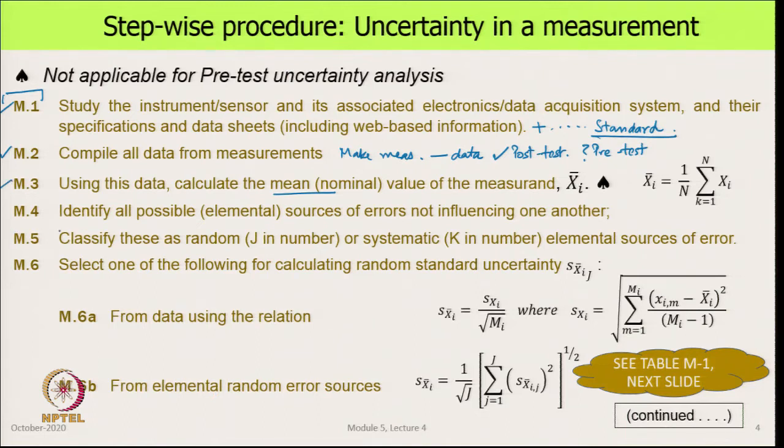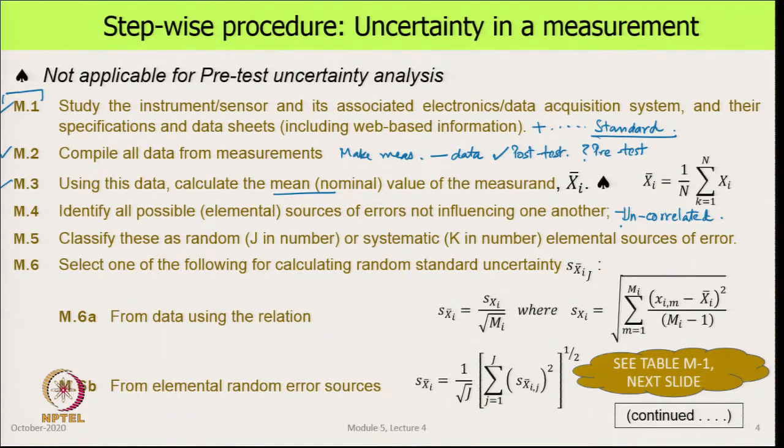Then fourth, we identify all possible elemental sources of error not influencing one another. So, this course we are only looking at uncorrelated uncertainties or uncorrelated errors. That means, for the sources of errors that we have identified, one source of error does not influence the other source of error.